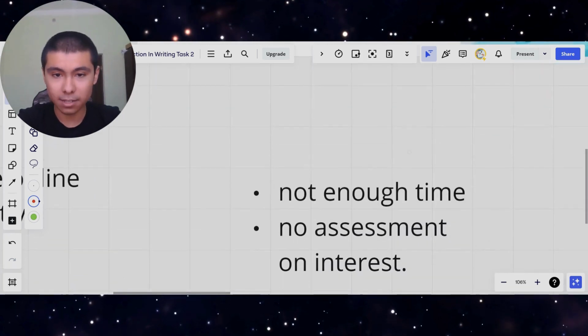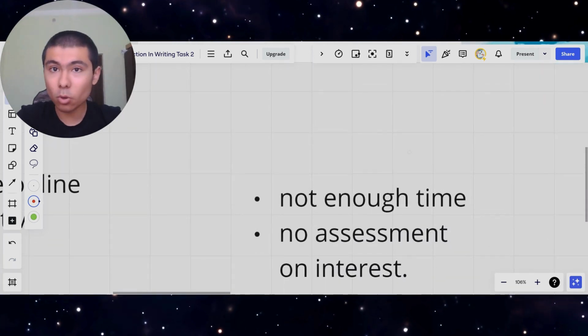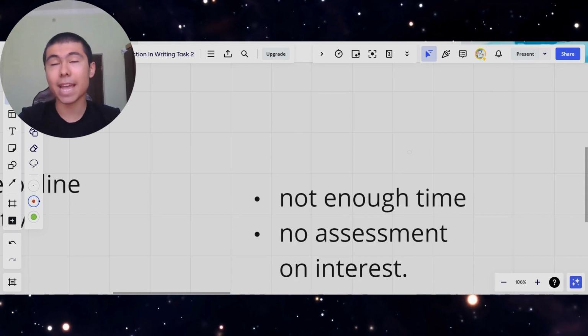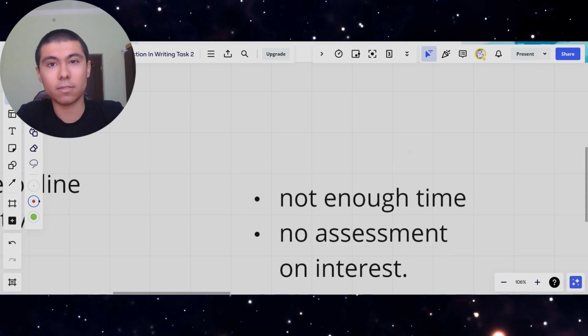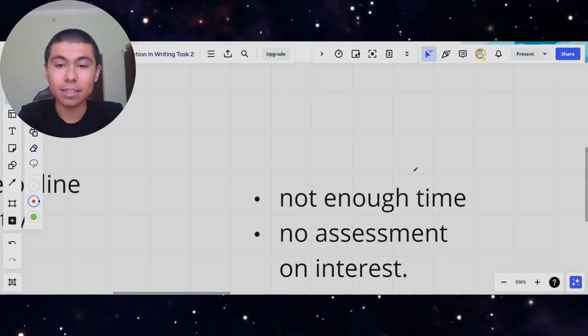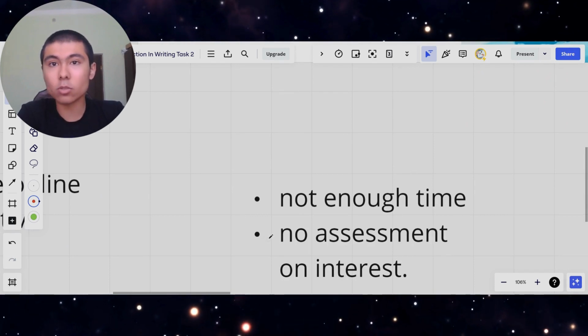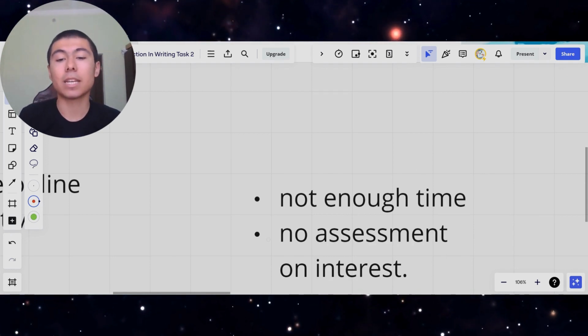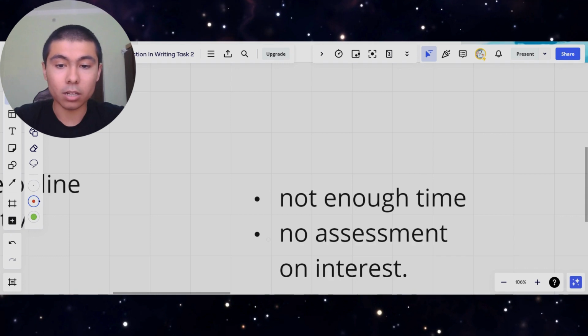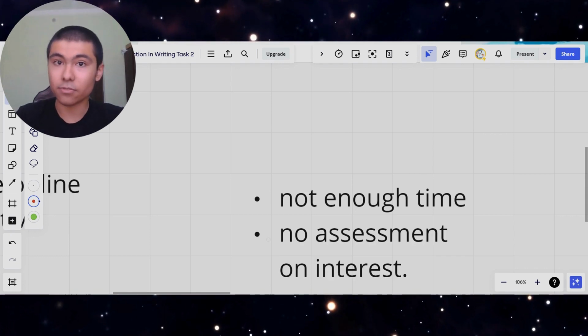You only have 40 minutes in Writing Task 2, and my suggestion is to use that time really efficiently. And as I said before, the second reason why you don't have to write a hook is because there is no assessment of interest.